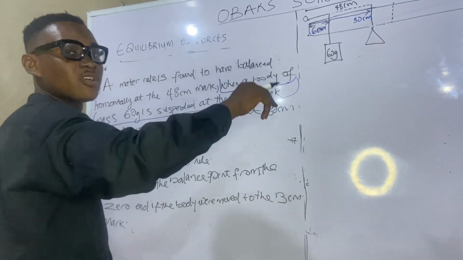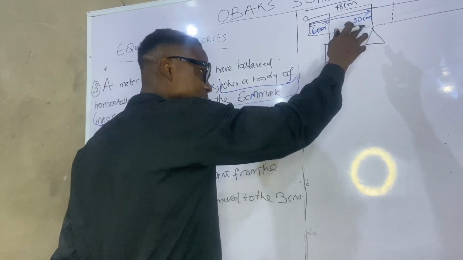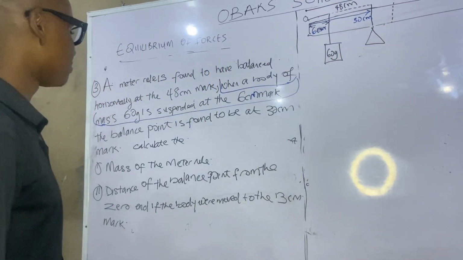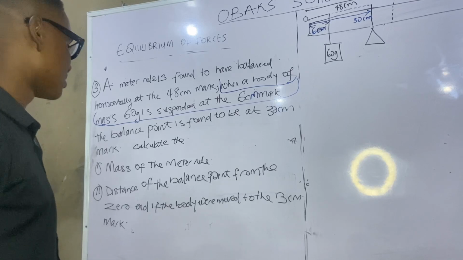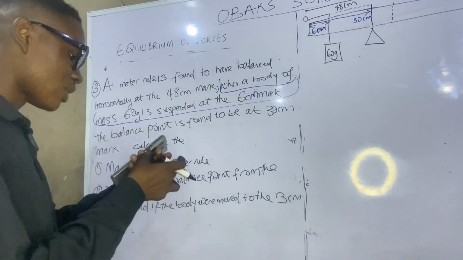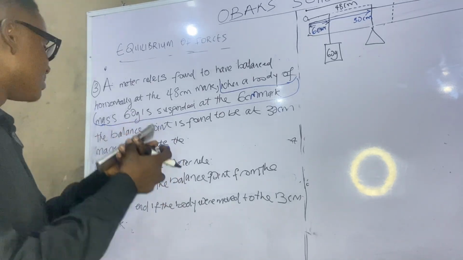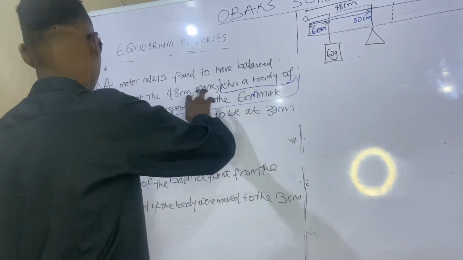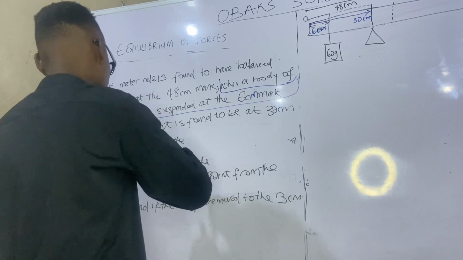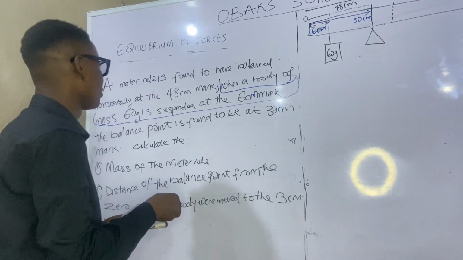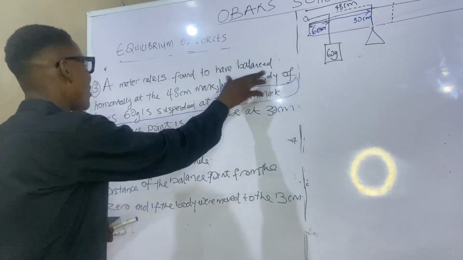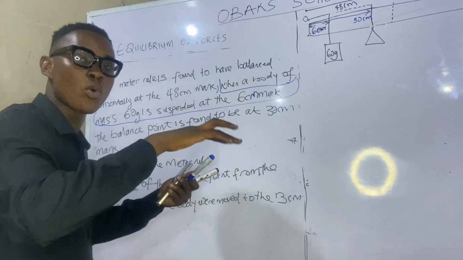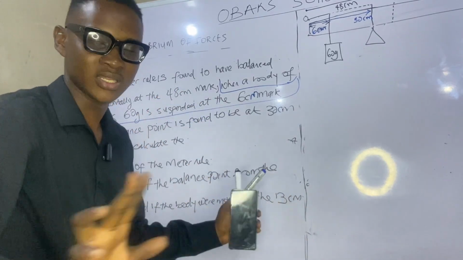So we'll not look at maybe center of gravity or anything. This was what the question gave us, that this is the initial balance point. We are asked to calculate the mass of the meter rule. If this 48 centimeter mark was the balance point, because they said a meter rule is found to have balanced horizontally at the 48 centimeter mark, that means that is its normal balancing point when nothing is added on it.